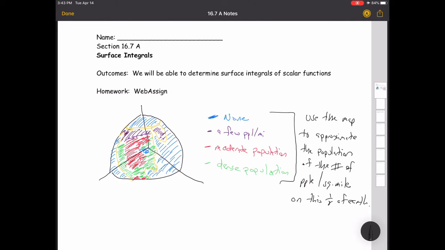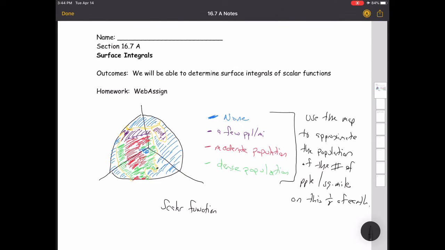That's the general idea. Well, what we're going to be given is some kind of a scalar function, which represents a very small portion of the population. Maybe we're going to take this little patch right here, someplace out towards the tip of Florida or something like that.